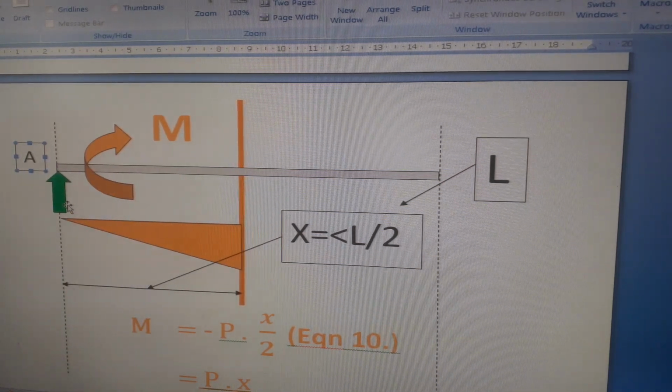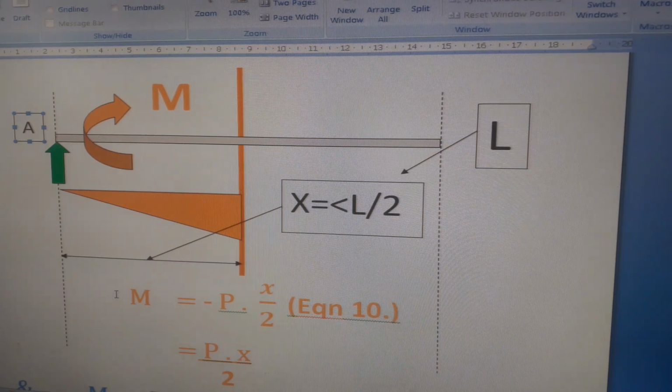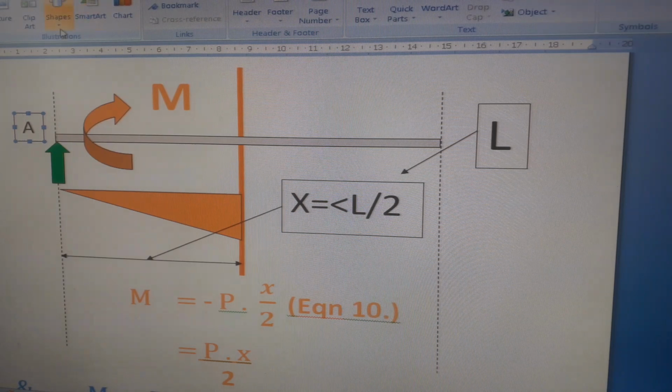As you can see here, the moment is equal to the reaction times X. So I could just put that on there as well, just so you can see what I'm talking about exactly.